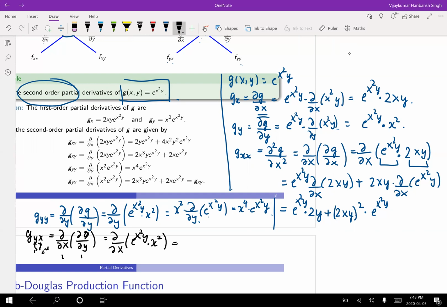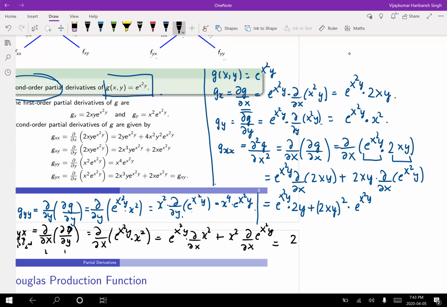Again we have two functions of x multiplied together, so using the product rule, this is going to be e to the x square y times 2x, since the derivative of x square is 2x, multiplied by this guy, plus x square times the derivative of this with respect to x, which is already computed earlier, so x square y times 2xy.